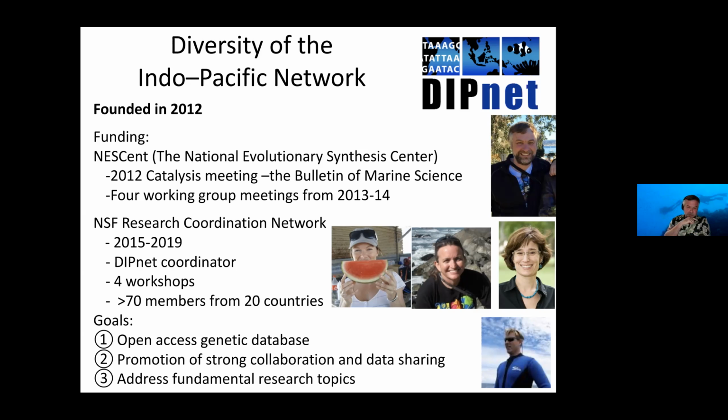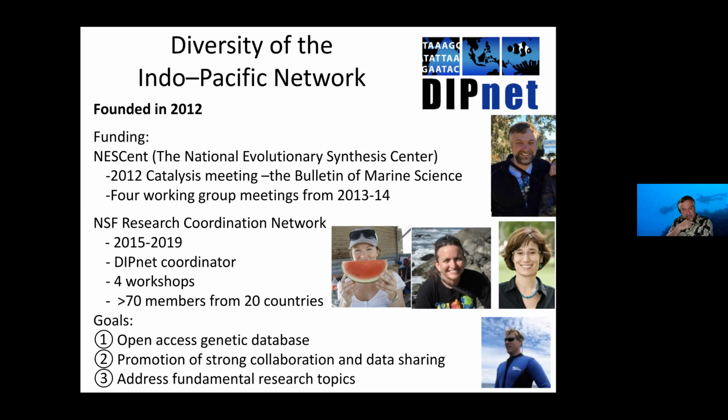Our goals were to further develop this open access genetic database. Our goal for that was that a researcher or a graduate student in the Philippines is not likely to be able to get funding. They might be able to get funding to sample their critter from around the Philippines, but they're not going to get funding to sample outside of the Philippines.